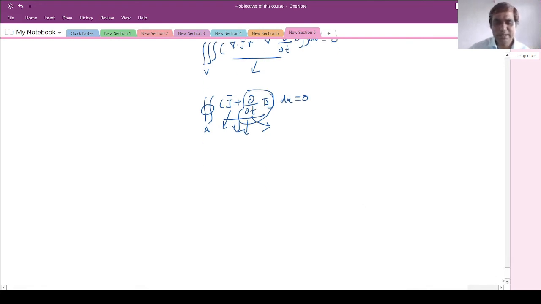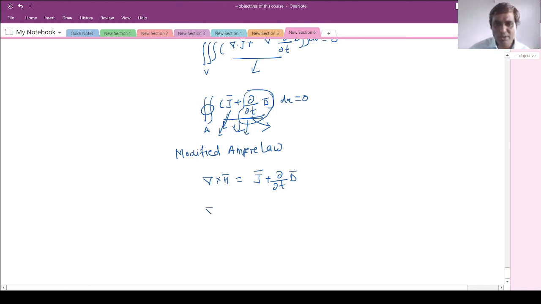So the net current will be equal to the conduction current density plus the displacement current density. This is called the modified Ampere law, and it states that the curl of the magnetic field strength gives the total current, which is the addition of two things: the conduction current density plus the rate of change of the electrical displacement vector.